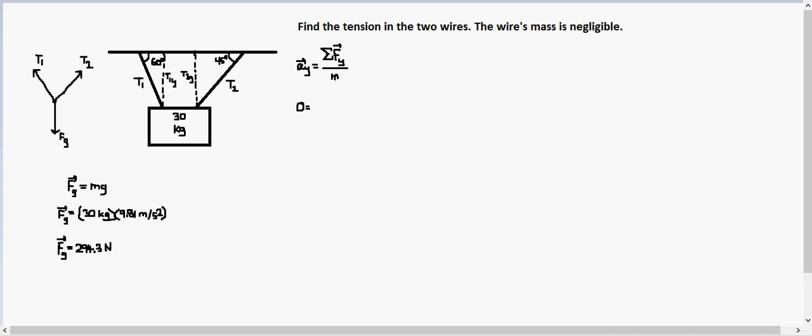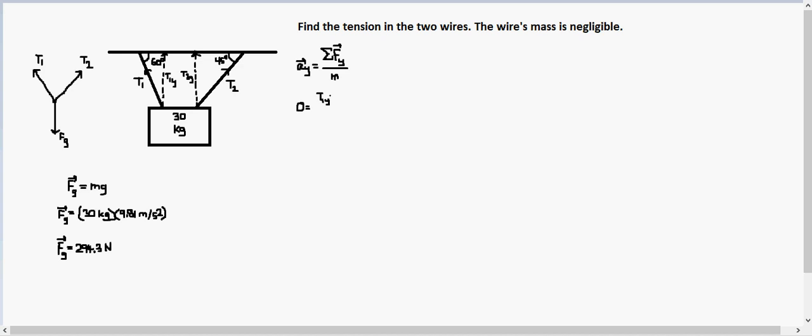Now, the vertical components both have to be going up, so let's put those as positive.